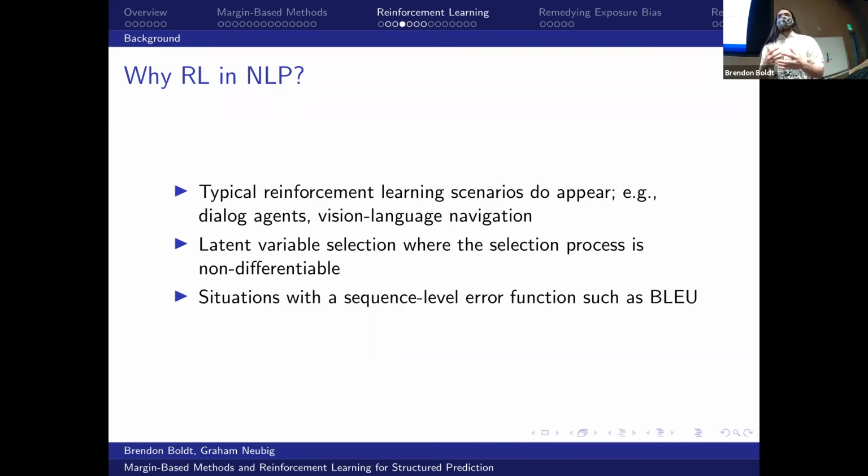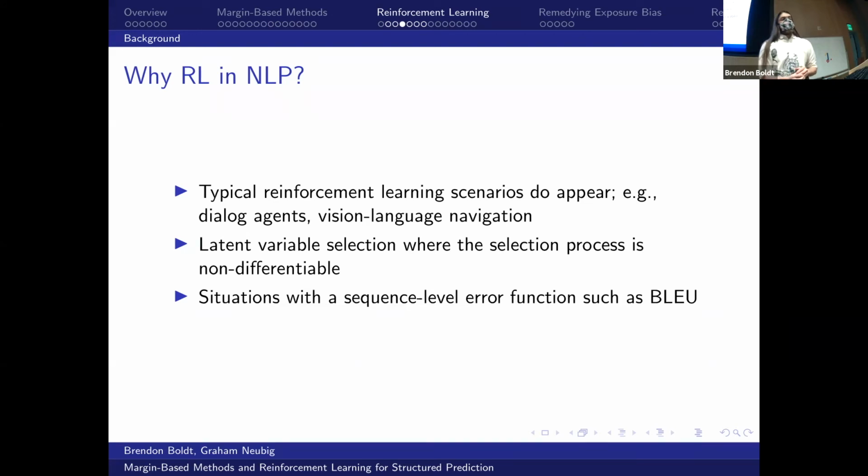And at the end, it might receive a score based on how informative it was or how polite it was. And reinforcement learning is going to be the primary paradigm by which we train it here. Also things like vision language navigation, where a robot or a virtual robot has to take a series of turns in accordance with some natural language instructions. This is also just classic reinforcement learning.